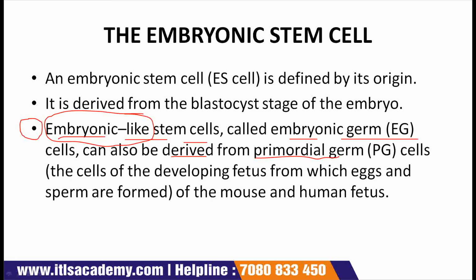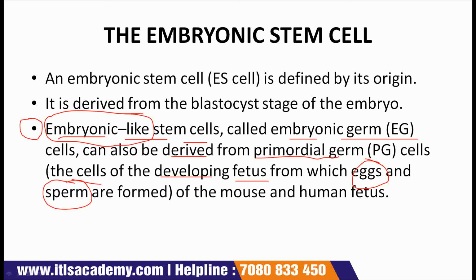These primordial germ cells are the cells of the developing fetus from which eggs and sperms are formed. So we can say that primordial germ cells give rise to gametes of the body. And we know that gametes are eggs and sperms.